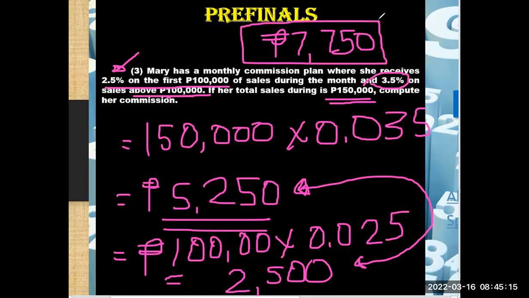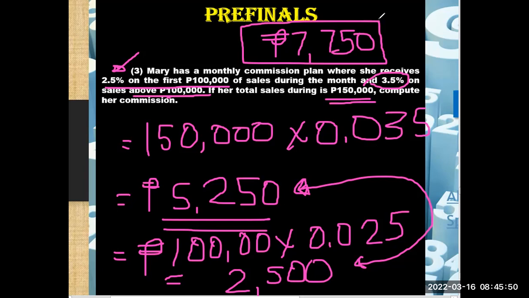Okay? Bakit inadd? Okay, it is because meron siya kasi ng parang fix eh. Fix yung kanyang monthly commission. A monthly commission plan where she receives 2.5% on the first 100,000 of sales during the month. Since sa month na to naka-receive siya ng 150,000 na total sales, so 3.5% naman ang ia-apply kapag naka-reach siya ng above 100,000.